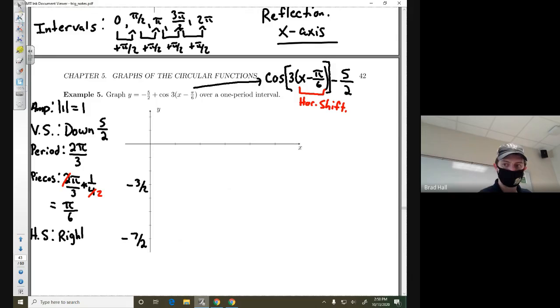To the right, pi/6 units. Because remember, for left or right, it's the opposite direction. -6 means to the right 6. So that tells us the first interval value to start off at.